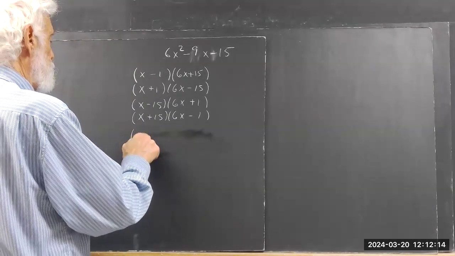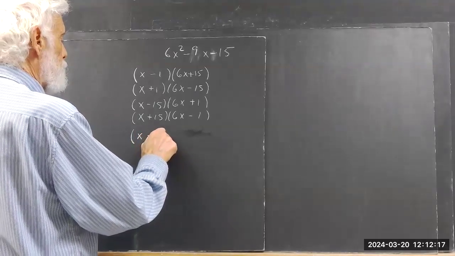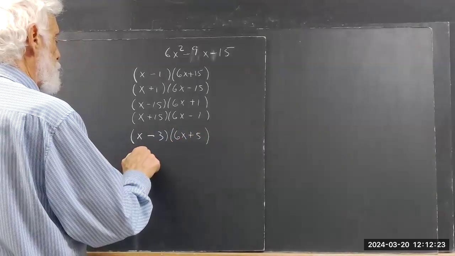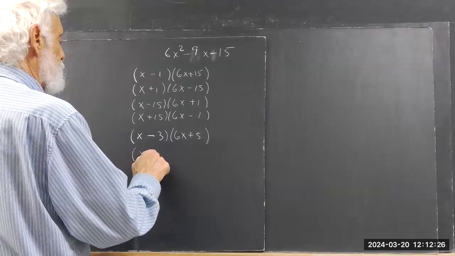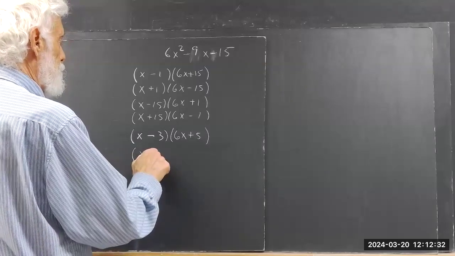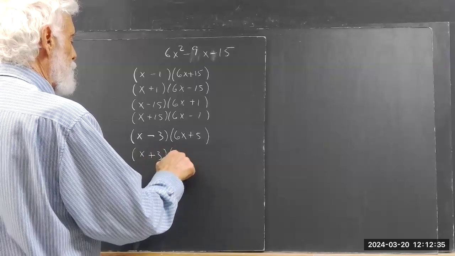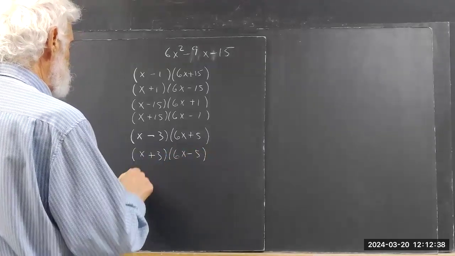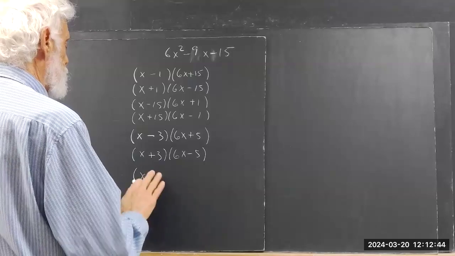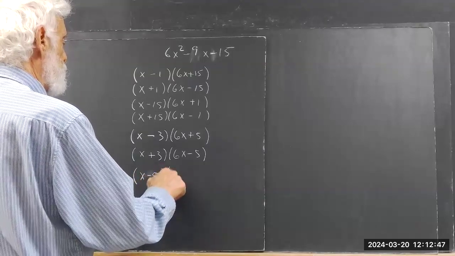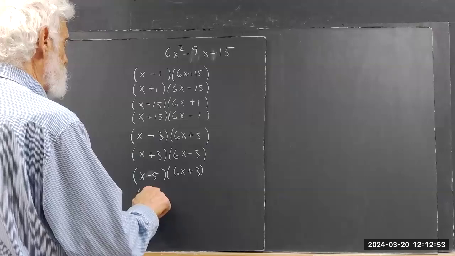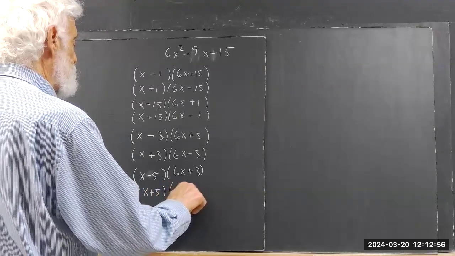We could now do x minus 3 and 6x plus 5, or x plus 3 and 6x minus 5, or let's do x minus 5 and 6x plus 3, and x plus 5 and 6x minus 3.